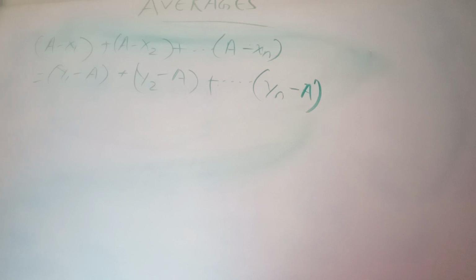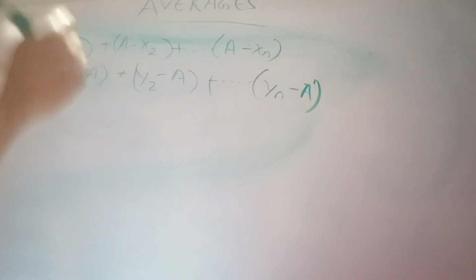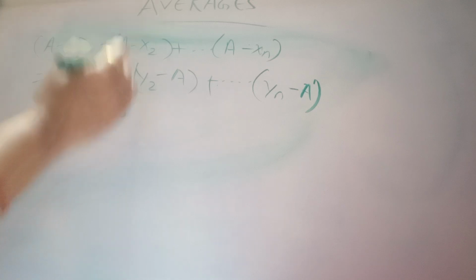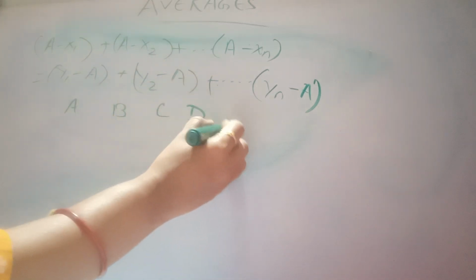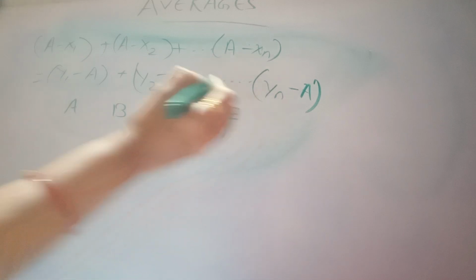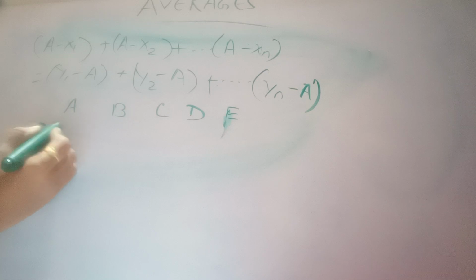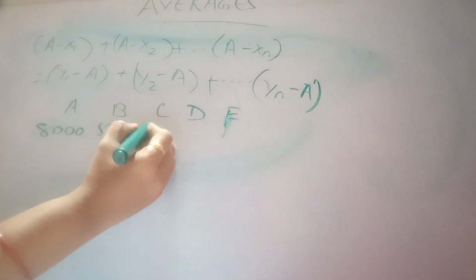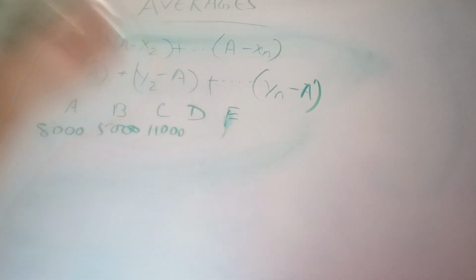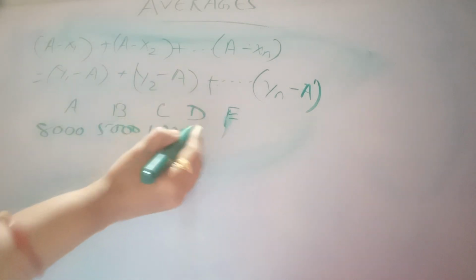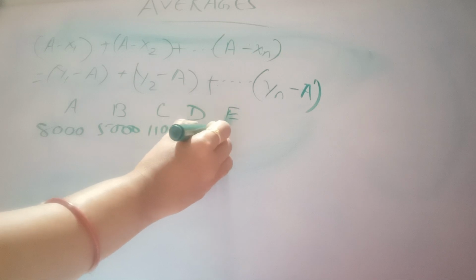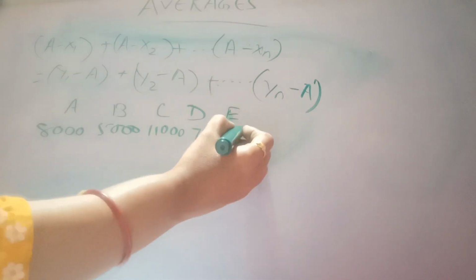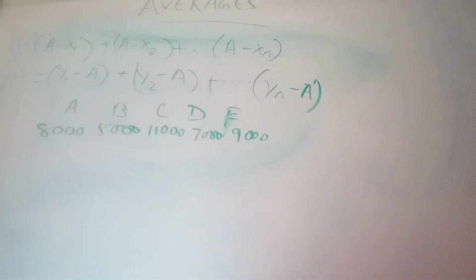Let's see one example. The salary of A, B, C, D, E: A's salary is 8,000, B's salary is 5,000, C is 11,000, D is 7,000, E's salary is 9,000 per month respectively.